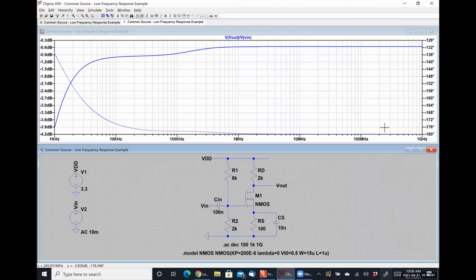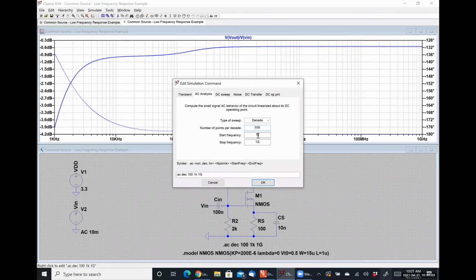So we're looking at, let's see, it should be minus 3 dB. So this is minus 6, so minus 3.6. So somewhere around here, we do see that action, but this guy is looking a lot steeper. We can actually back this guy out a little bit. So let me change my simulation from 1 kilohertz to 1 hertz.